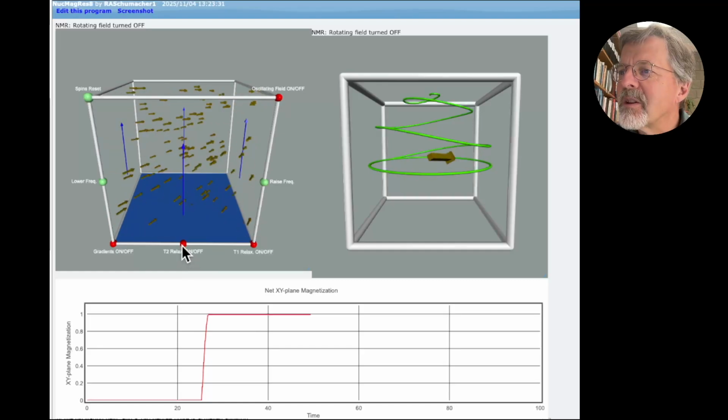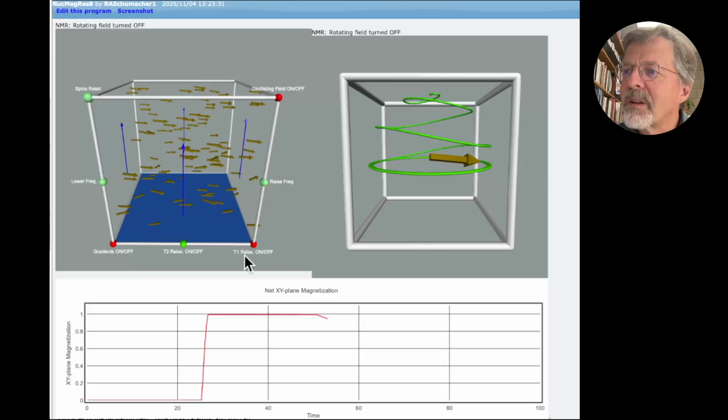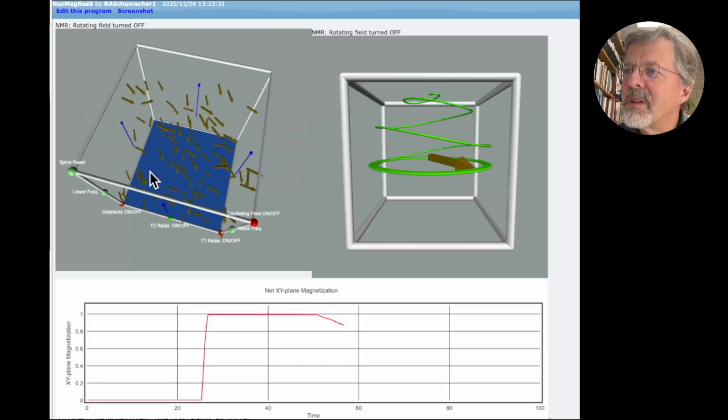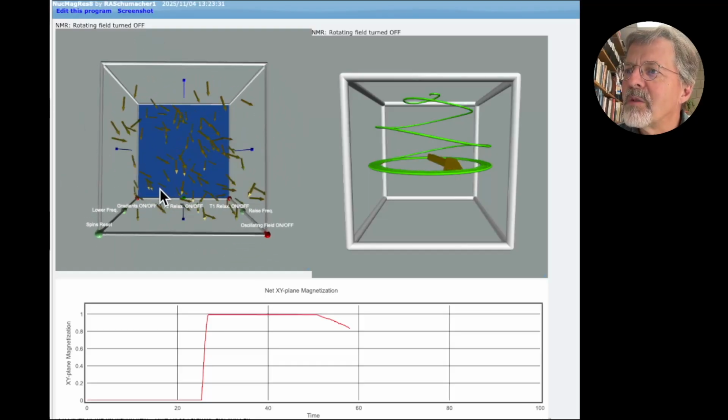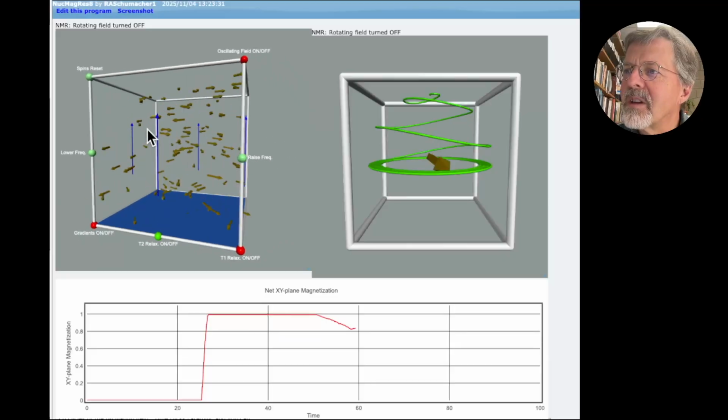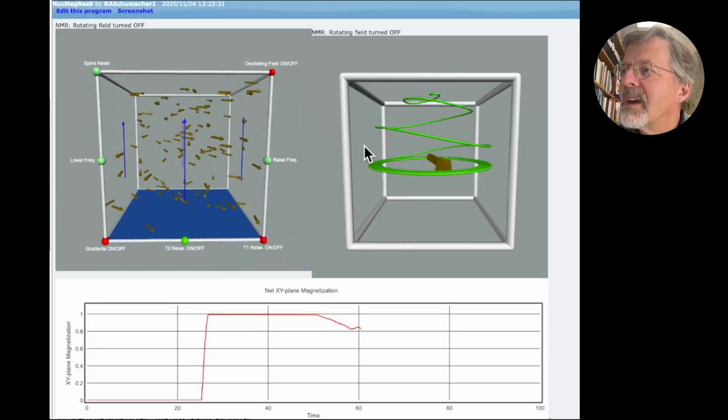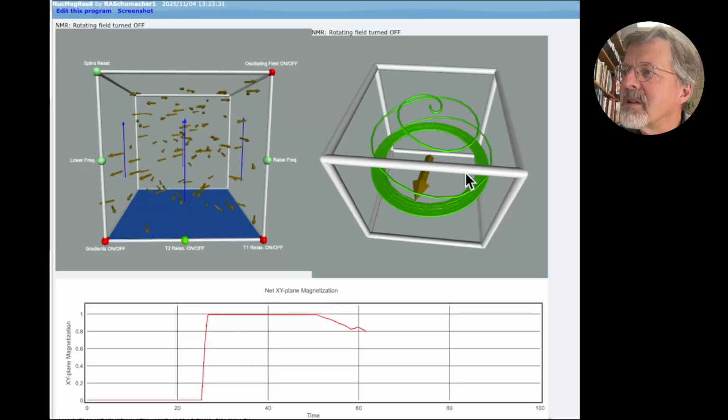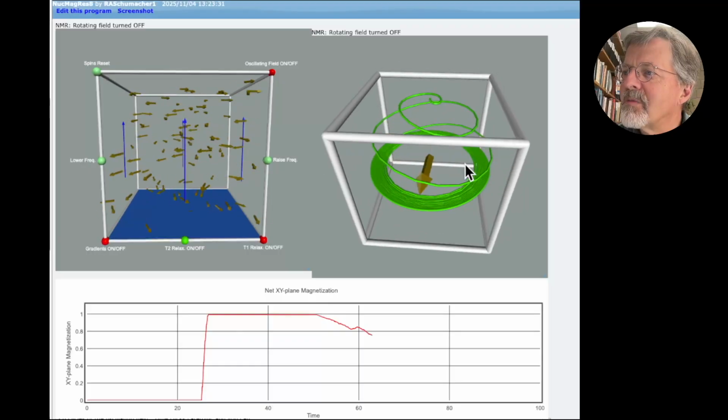So in the simulation, there's a button where I can turn on this spin-spin relaxation. And I just did that. Clicked this button, turned it on. Now watch what happens. As time goes by, the spins start perturbing each other. They don't all stay perfectly in step, and the net magnetization starts to get smaller and smaller, as you can see here.